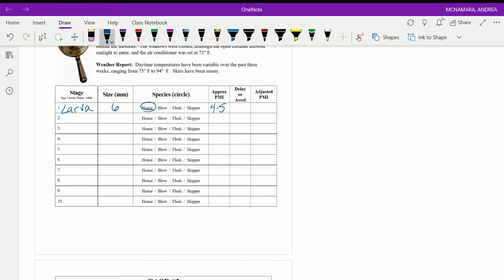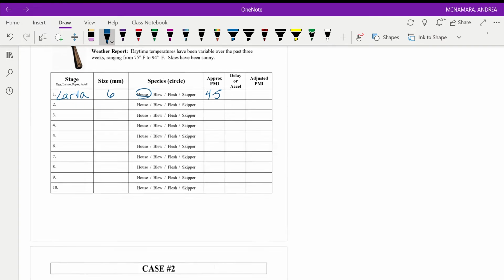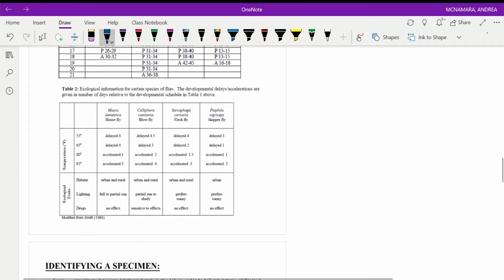Now you have to decide if you're going to delay or accelerate that PMI based on the temperature. Here are temperatures down here, and for each temperature you can see what happens to the fly's development. If the temperature was 55 degrees, that means it's colder, so it's going to take longer for the fly to develop.